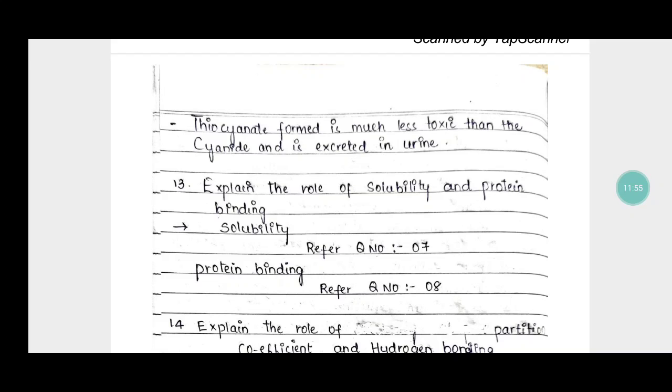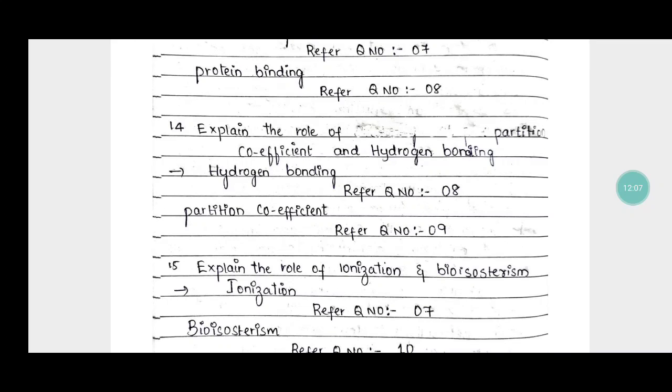Question number 13. Explain the role of solubility and protein binding. So the answer is: solubility, refer question number 7, and for protein binding, refer question number 8. Explain the role of partition coefficient and hydrogen bonding. For hydrogen bonding, refer question number 8, and for partition coefficient, refer question number 9.